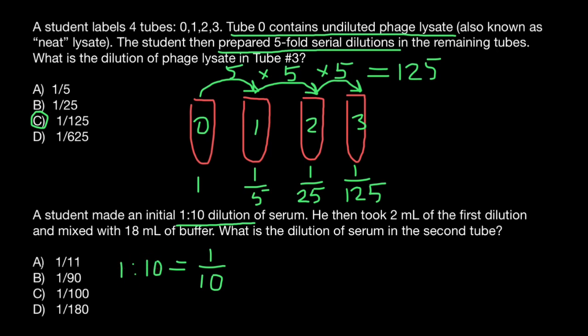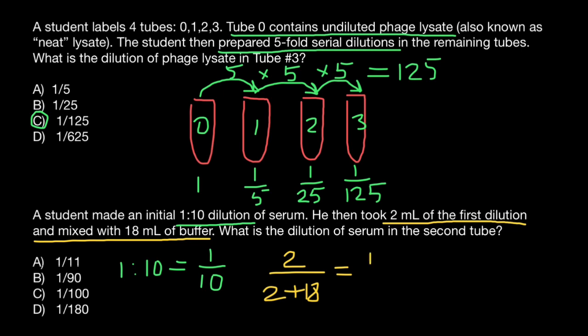As for the second test tube, he took 2 milliliters from the first dilution and mixed it with 18 milliliters of the buffer. So in this case, our calculation would be as follows: 2 divided by 2 plus 18. This is going to be 2/20, or 1/10.